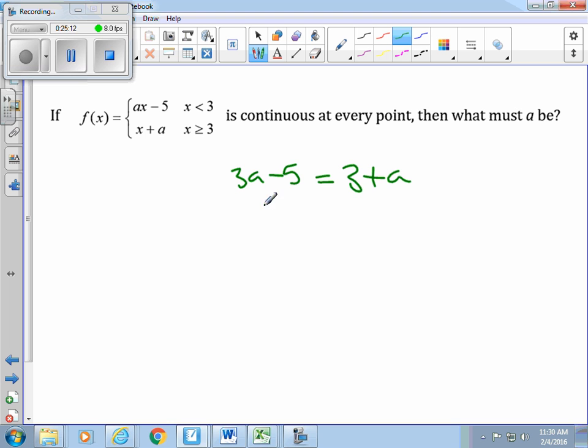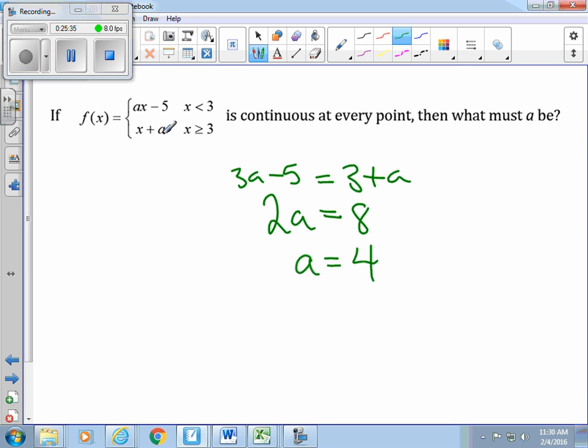So 2a equals 8. Am I going too fast on that solving? So a must be 4. Check it. 4a minus 5 and x plus 4. If I plug in 3 into both of those, do I get the same thing?